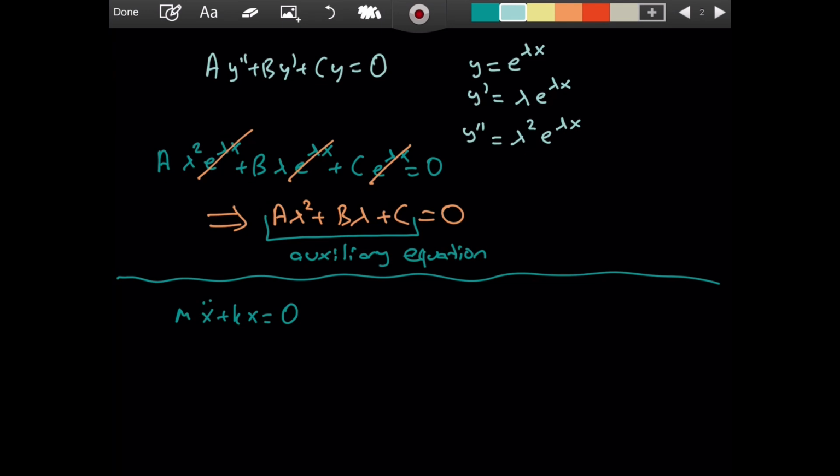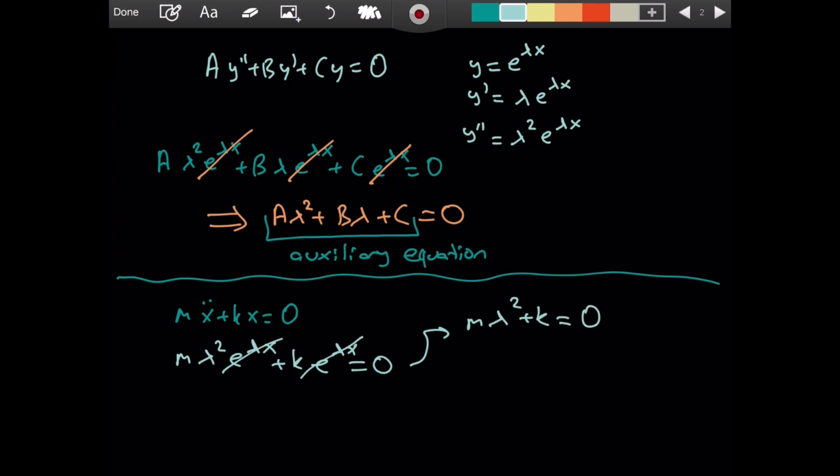Absolutely nothing changes in our approach. We have m lambda squared e to the power of lambda x plus k e to the power of lambda x equaling 0. These guys drop. We get that m lambda squared plus k equals 0.